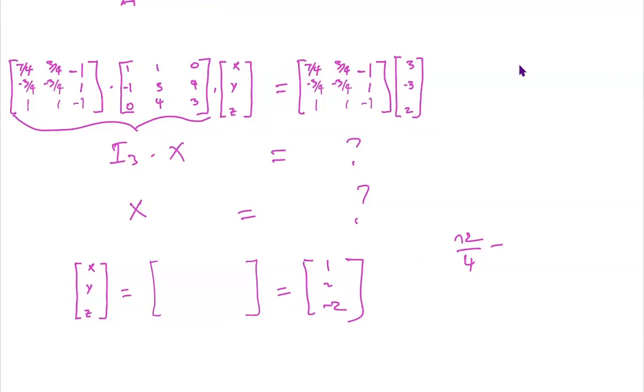So let's try to fill in this matrix again by multiplying this A inverse and the B. So we're going to take the first row times the column, right? So this one times 3, the second one times negative 3, and the third one times negative 2.